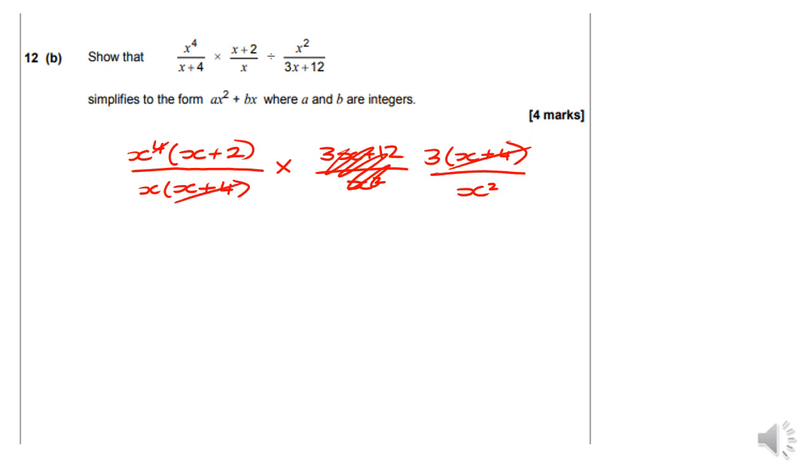Also, I think we can cancel out 2 of those x's if we get rid of that, and then even cancel out that squared x with that x there to leave me with just a 1 on the bottom, and it would have x to the power of 1 times x plus 2. What form does it want it in? Ax squared plus bx. So that's just the same as 1x squared plus 2x, because all of it cancels.